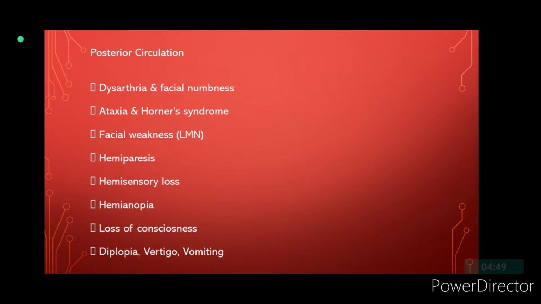Point 4, hemiparesis. 5th point, hemisensory loss. 6th point, hemianopia. 7th point, loss of consciousness. 8th point, diplopia, vertigo or vomiting.